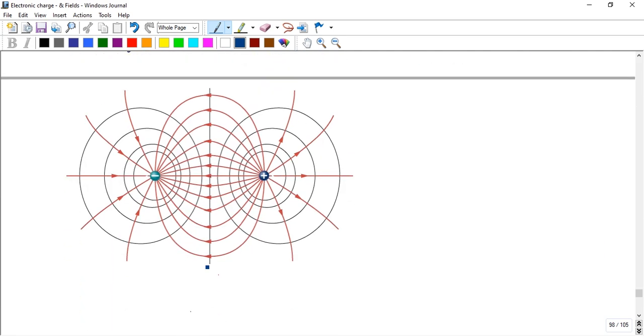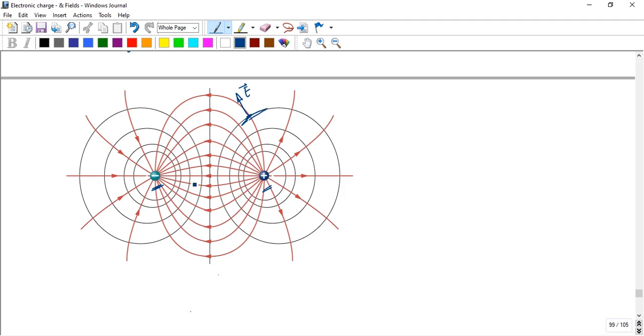And now the next diagram, there is a two charge system, one is a minus charge, the other is a plus charge. And you know the electric field is outward for the plus charge and inward for the minus charge. Okay, at a point the electric field is in that direction, and that is the equipotential surface.